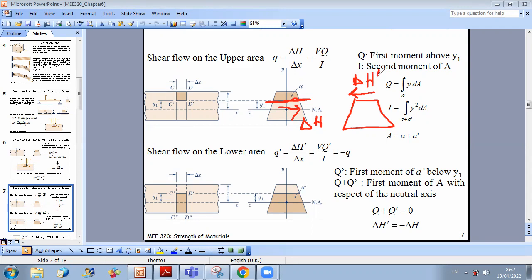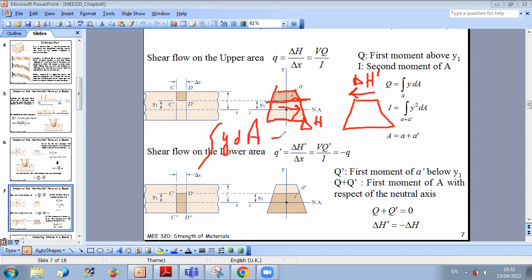So what we have then is that q prime, the shear flow of the lower area, is delta H prime over delta x, which is VQ prime over I, which is minus q. And we can demonstrate in another way that Q and Q prime are opposite. If you consider the whole area, integral y dA of the whole area will be equal to 0.